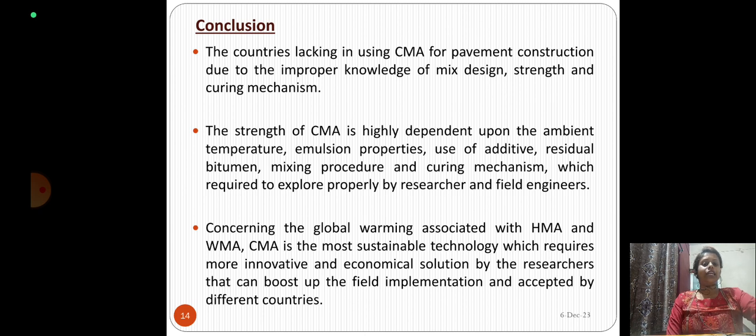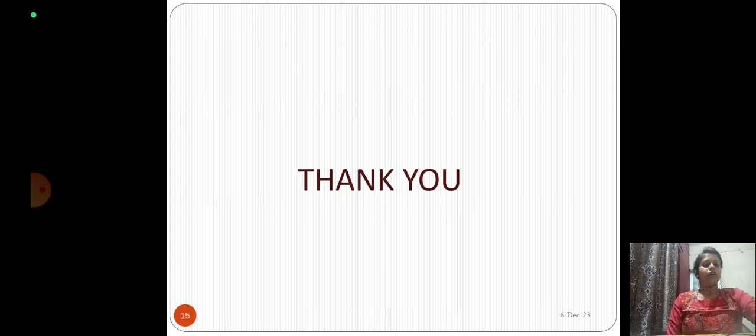So it is one of the unexplored areas to research in this topic, and this technology is one of the most important technologies which will significantly improve the performance of the pavement structure, as well as provide a good impact on our existing environment. Thank you.